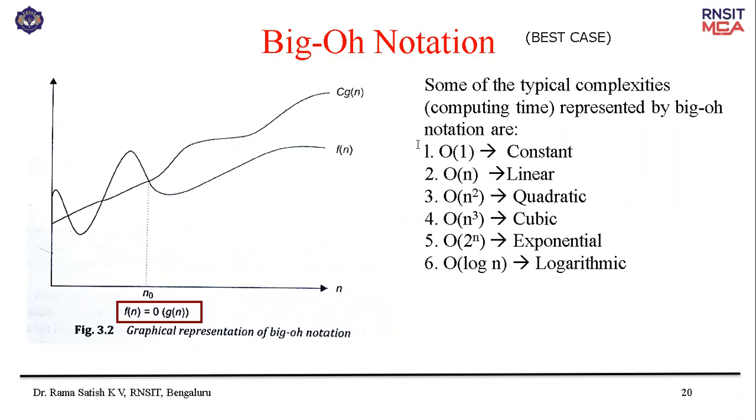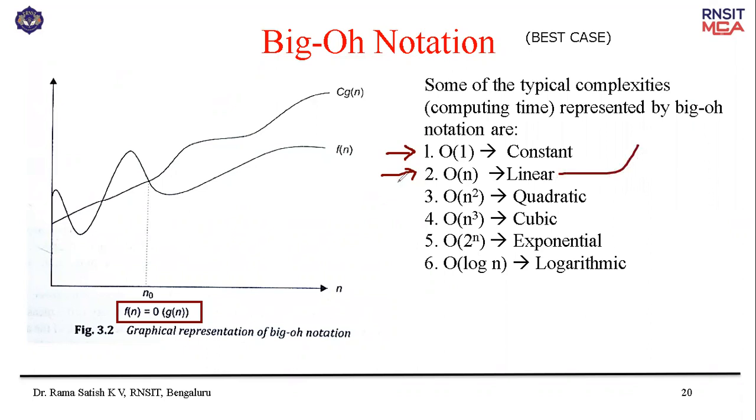Suppose whatever numbers you have, if the algorithm gives you order of 1, that is big O of 1, then the algorithm is constant. If O of n, where n is the number of inputs, the best case depends upon the number of inputs n.